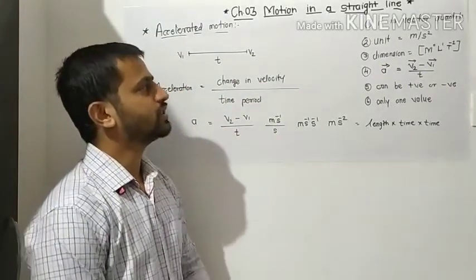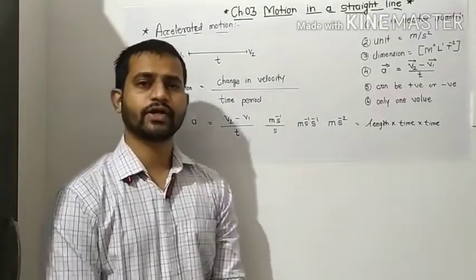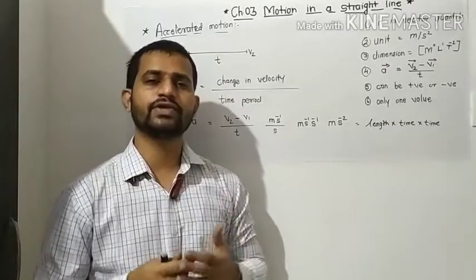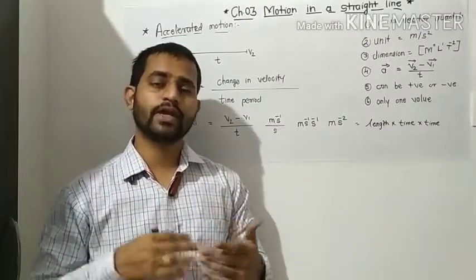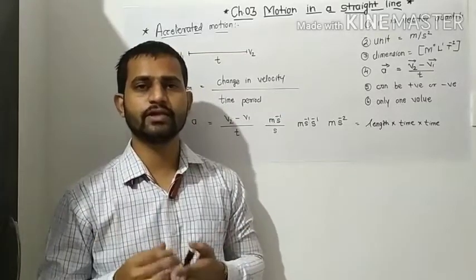So these are some specifications for the acceleration: the acceleration is a vector quantity, because to describe it we need both the direction and the magnitude.